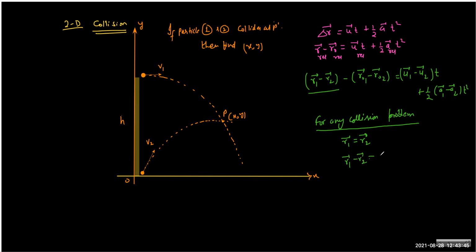So the difference is always zero. That's obvious. The rest you have to write in the i cap and j cap format. I don't think it's so difficult. Because both are projectiles, both will free fall with acceleration g, so even the last term is also zero. Now we are left with only two terms.